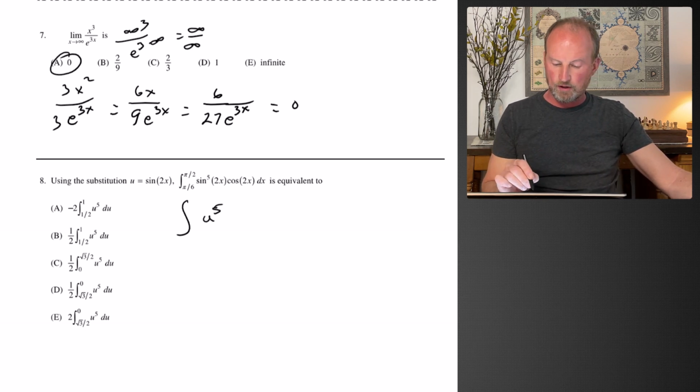If u is sine 2x, then du is equal to the derivative, which is cosine 2x times 2. So I have a cosine 2x times dx here, and the 2 is not there, so I need to get rid of the 2, so that goes away. So 1/2 du is that, so I'm going to stick the 1/2 out in front.